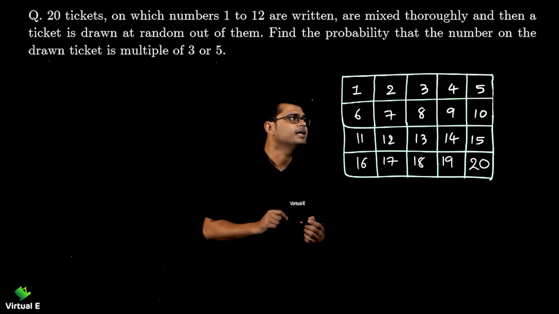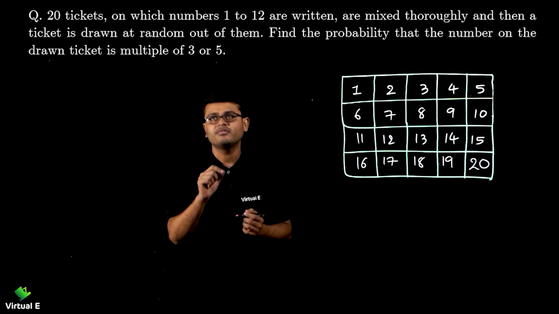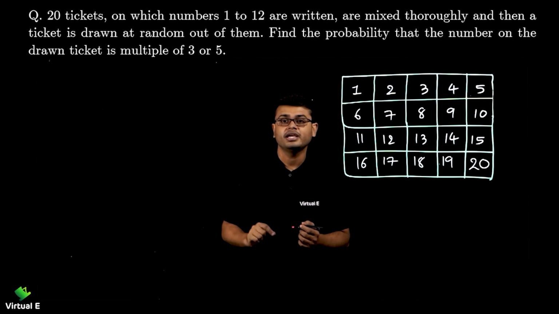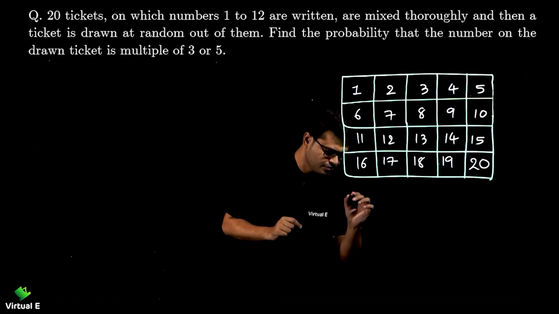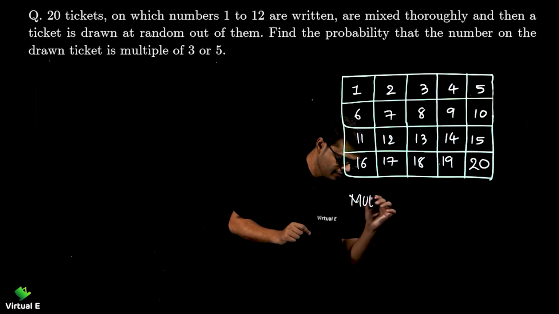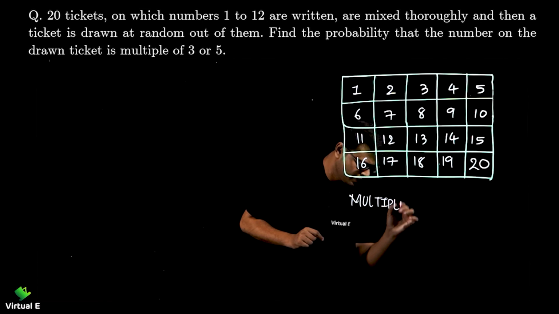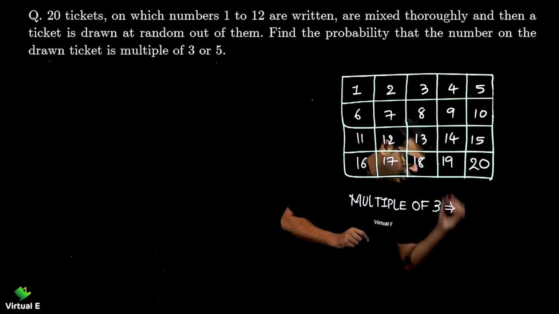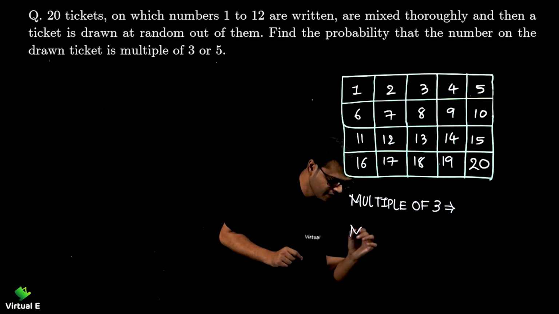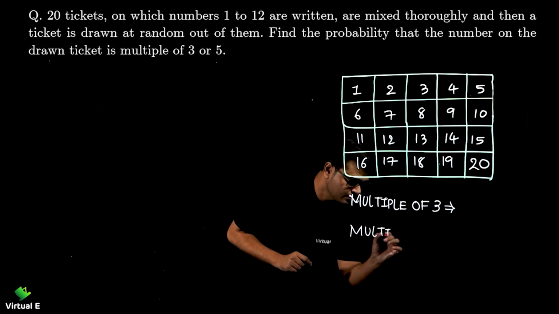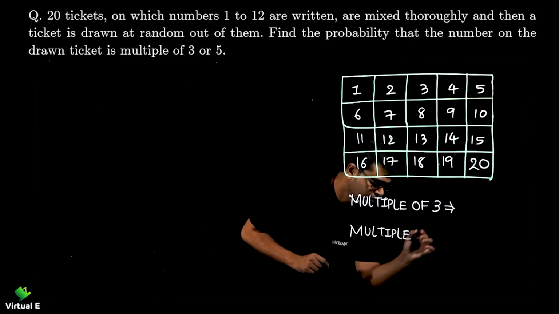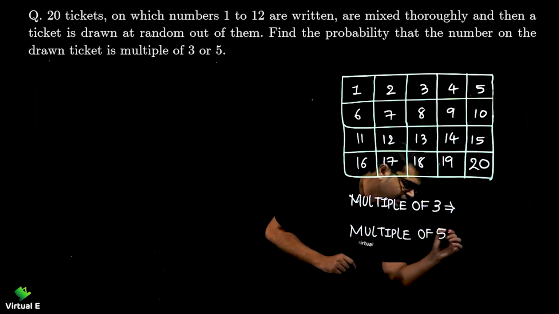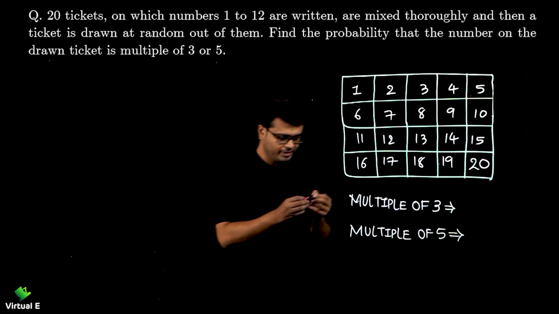We want to find the probability of getting a multiple of 3 or a multiple of 5. So let's write multiple of 3, and see how many we get, and another is multiple of 5. Let's see how many we get.